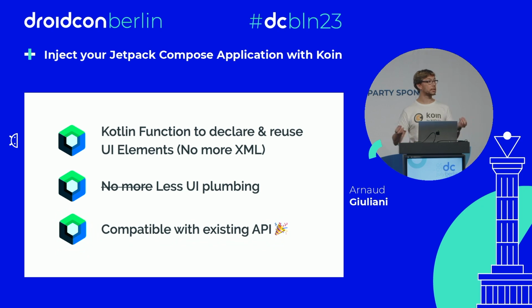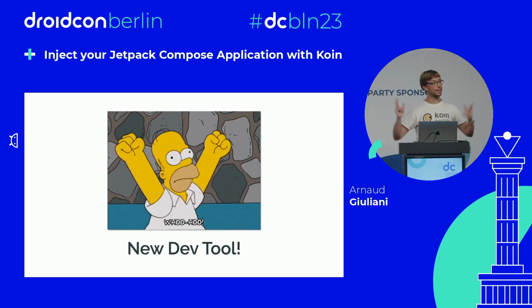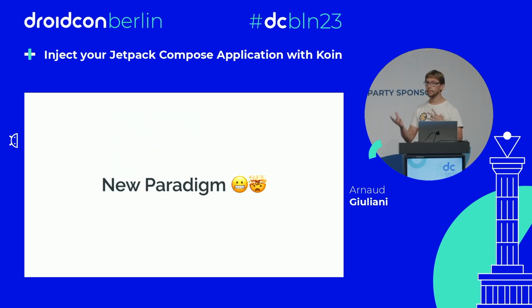And everything is compatible with your existing API. That's a new tool that's super cool to use. But behind that, there's a new paradigm, a new way to think about this library, this way to make UI.